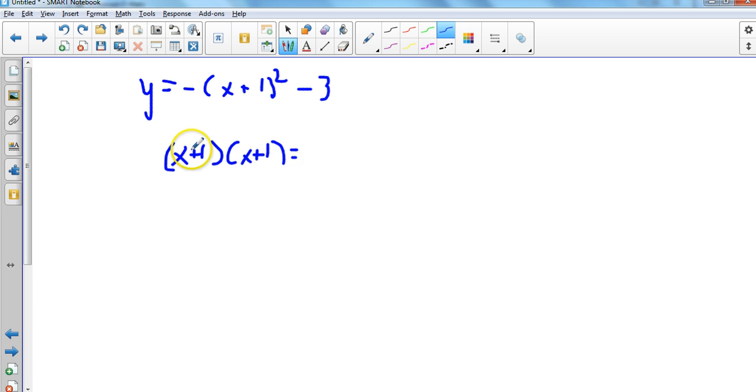So when we do that, we're going to get x times x, or x squared. Now we're going to get x times 1, which is 1x, and then we're going to get another 1 times x, which is another 1x. So when you combine your x's, we're going to actually get 2x. And then 1 times 1 is a positive 1. So here is our x plus 1 squared in standard form.